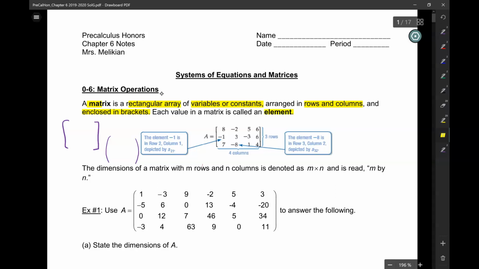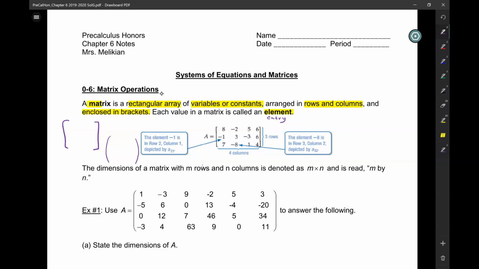Back in the day, they were called entries, and then somehow it changed into elements, but it's the same. So if you look at this matrix here, there are 3 rows, 4 columns. That makes 12 elements or 12 entries.